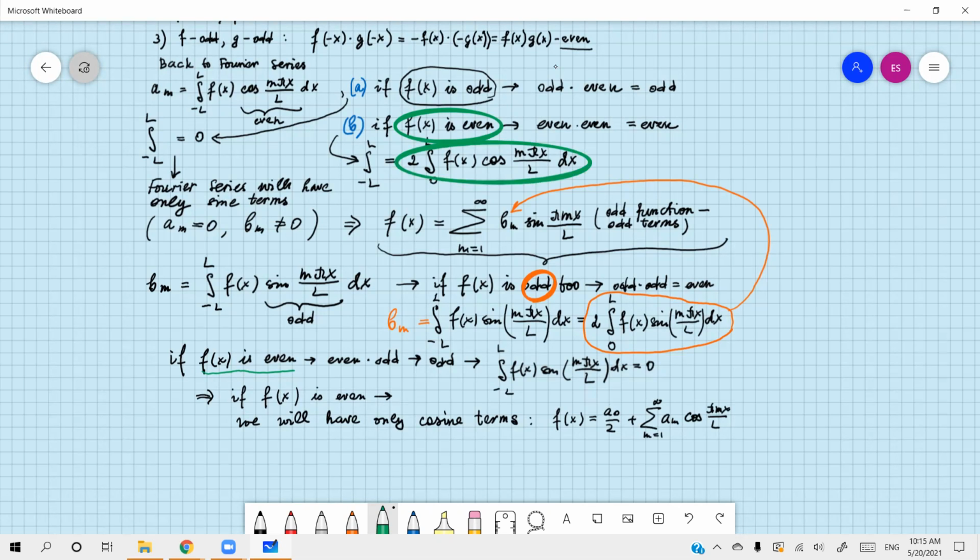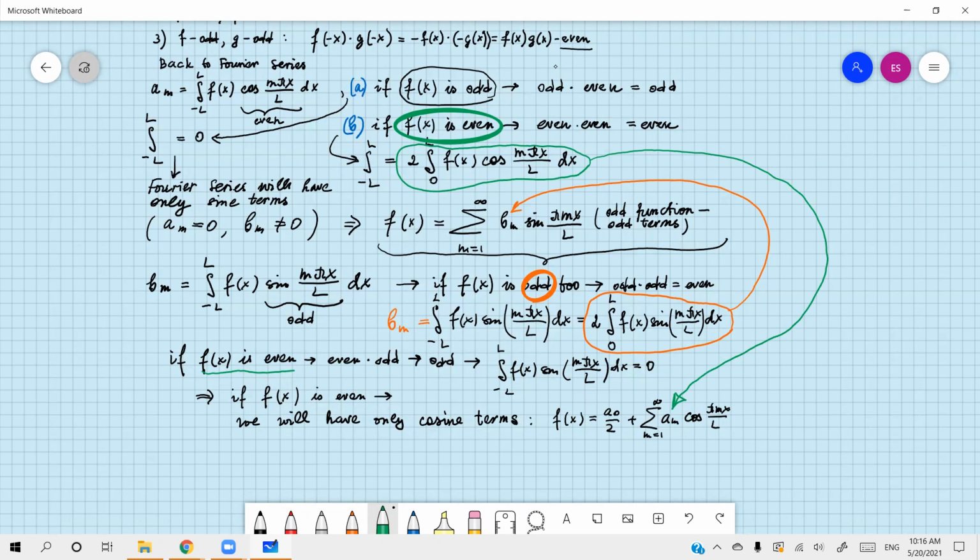I'll make an arrow over here. So the coefficients can be calculated over half of the period, and you just multiply it by 2. I'm hoping that this is clear.